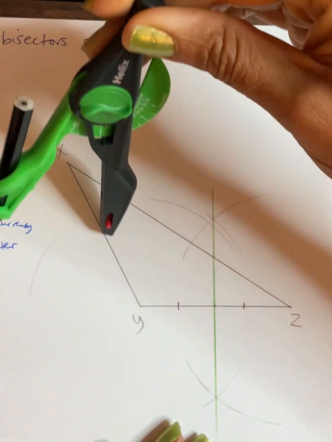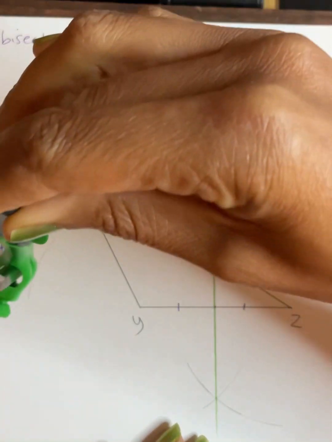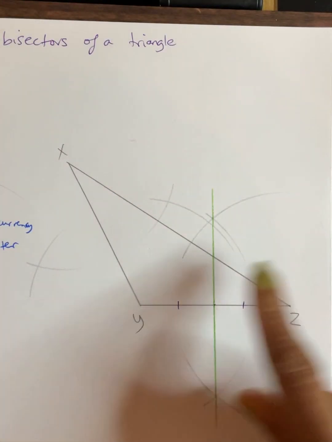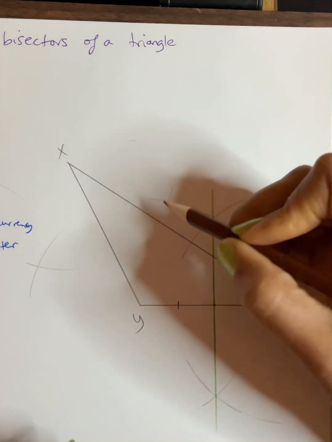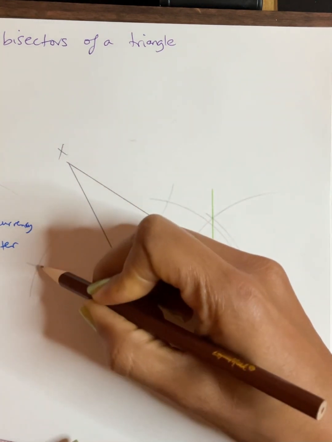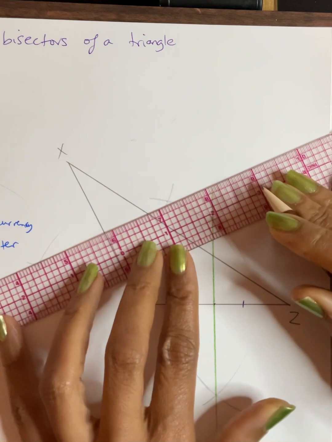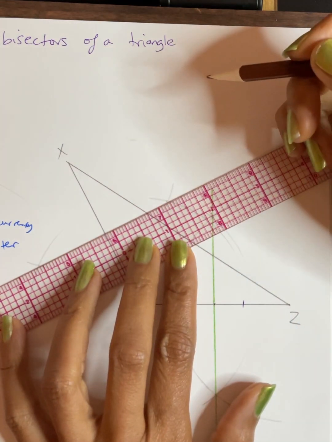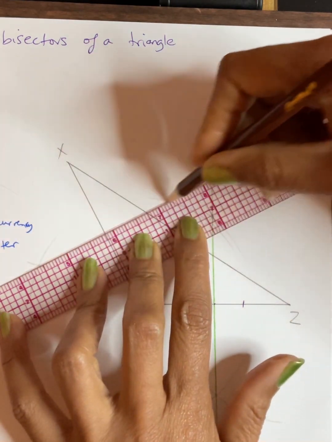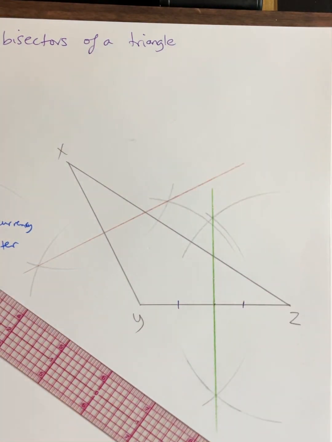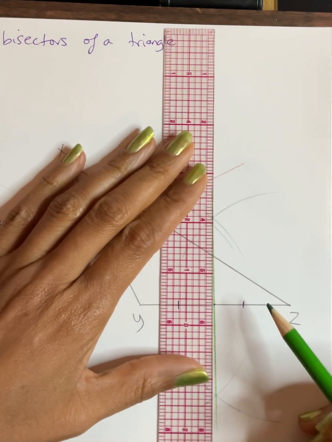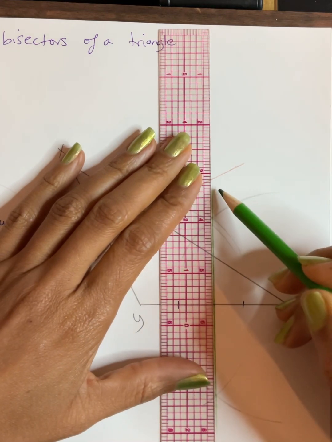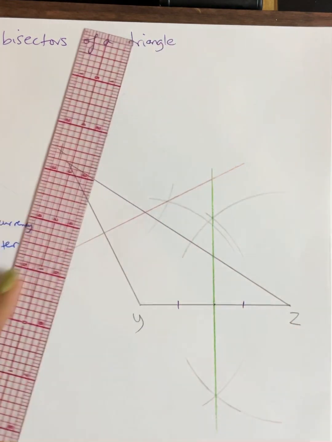And then I'm going to slide my pointer down to Z, swing an arc, swing an arc. I'm interested in where the two arcs intersect. And I am going to put a dot there, and put a dot here. And then I'm going to use my straight edge to connect these lines. Now, I can foresee something that's taking place already. So I'm going to extend this green line some more.